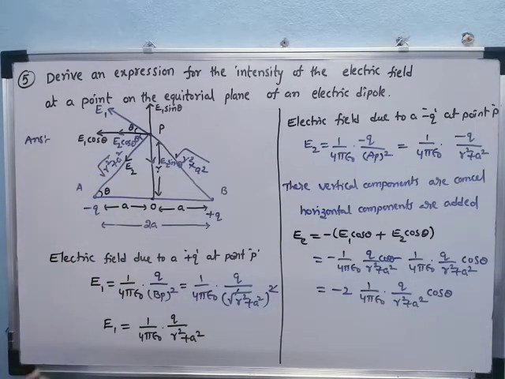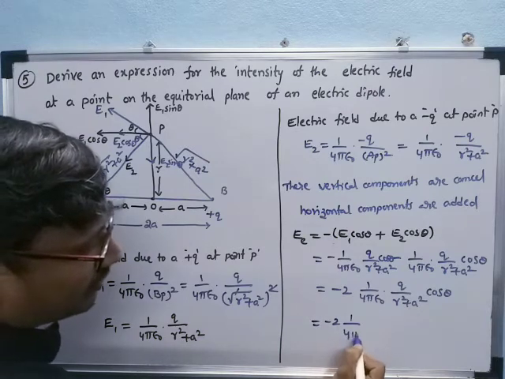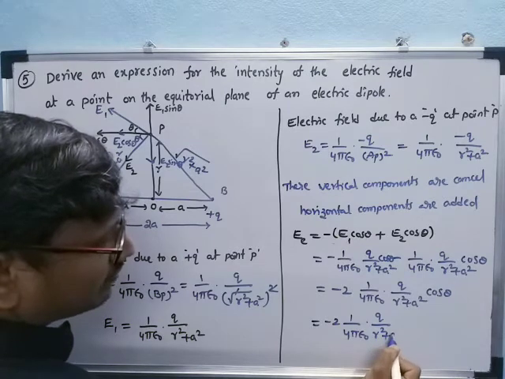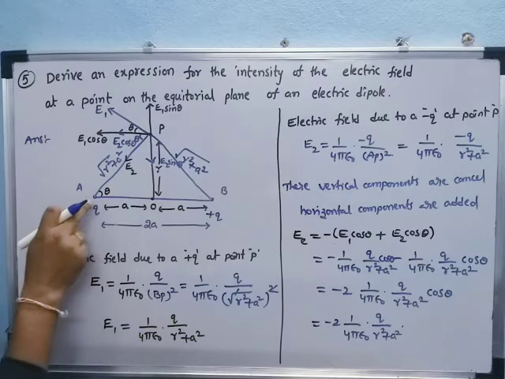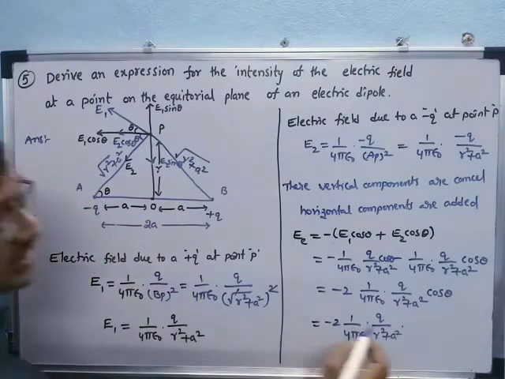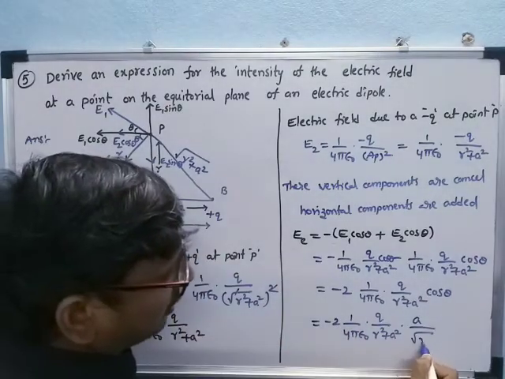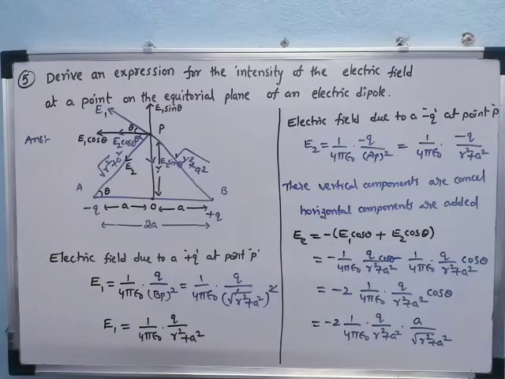So we write minus 2 into 1 by 4 pi epsilon naught q by (r square plus a square) into cos theta, where cos theta from the triangle is adjacent side by hypotenuse, that is a by under root of r square plus a square.